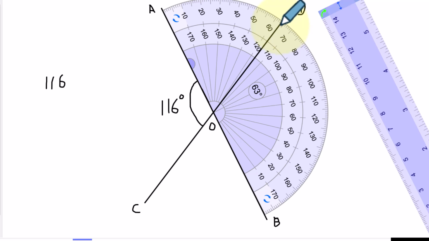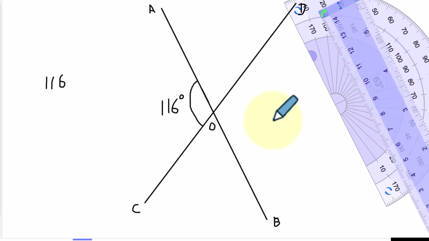You see the next one is 116. So I have 116. So remove your protractor. So this is 116. You can see it.